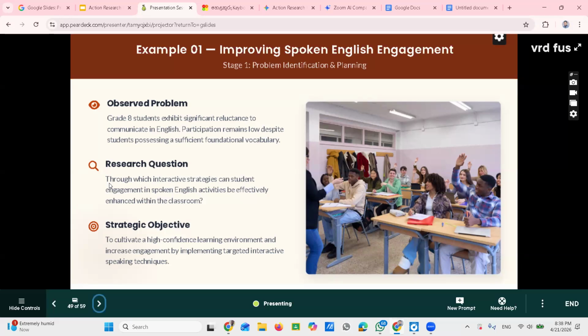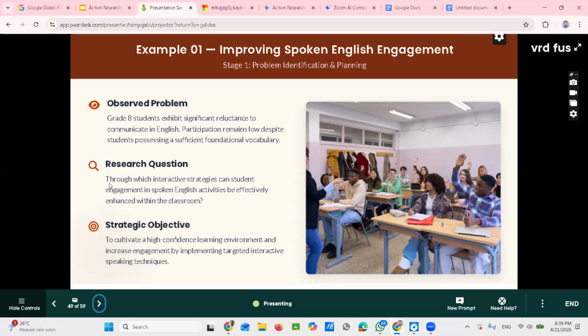Then you need to convert this observed problem into a research question. A research question should have both the way you are going to solve the problem and the question. A better research question combines the method you are going to use to solve the problem and the question. Look at the research question here, read it.